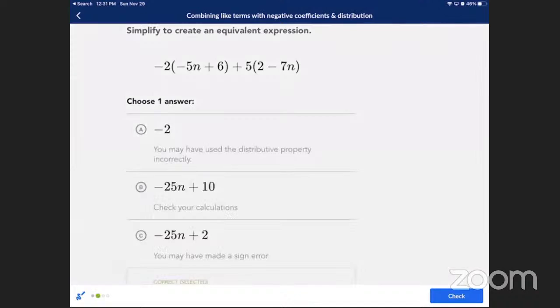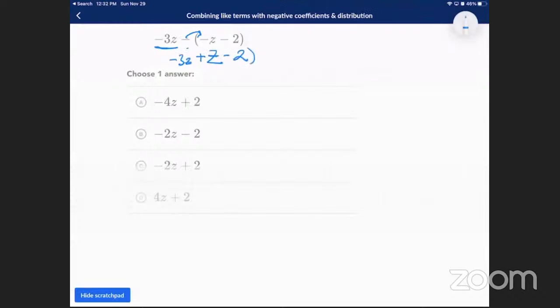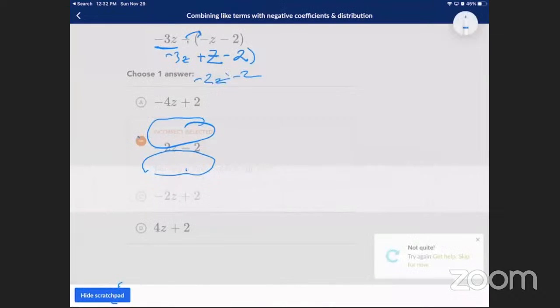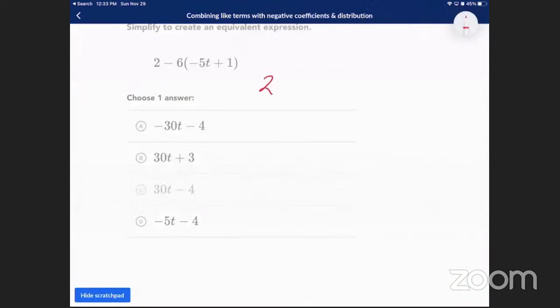All right, next one we have here 2 minus 6 minus 5t plus 1, and then you have negative 6.